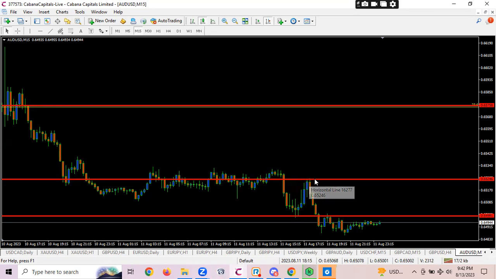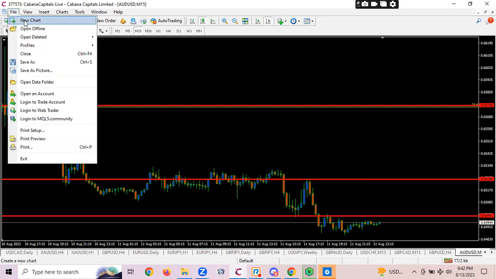Can you see that? That would be a good time to consider buying Australian dollar USD. Okay, let's move to the next pair, New Zealand USD.